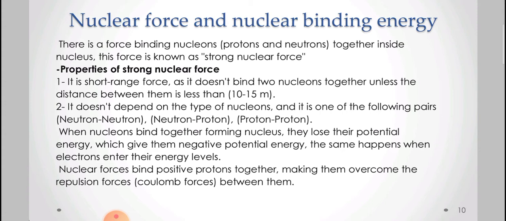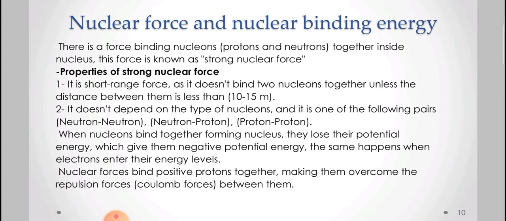When nucleons bind together forming a nucleus, they lose their potential energy, which gives them negative potential energy. The same happens when electrons enter their energy levels. Nuclear force binds positive protons together, making them overcome the repulsion force between them.